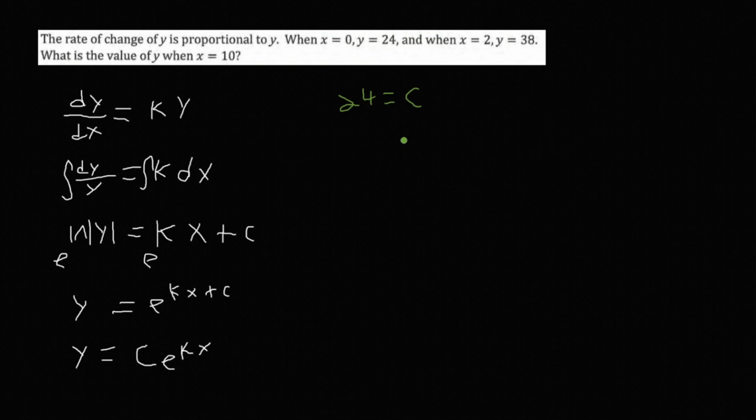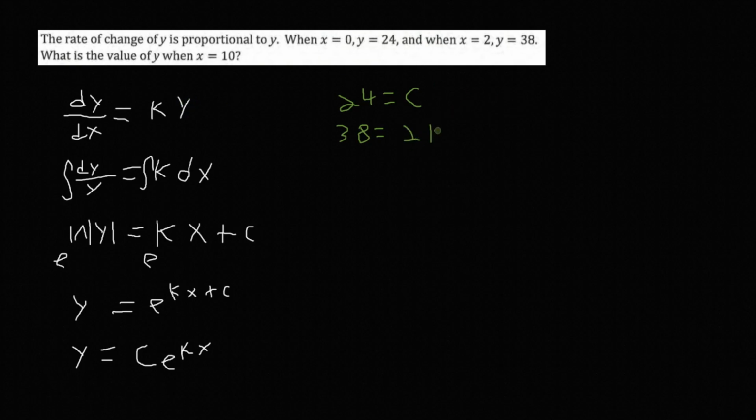And then, so now we've solved for c. And now when x is equal to 2, y is 38. So we're going to set y to be 38 this time. And we're going to solve for k.